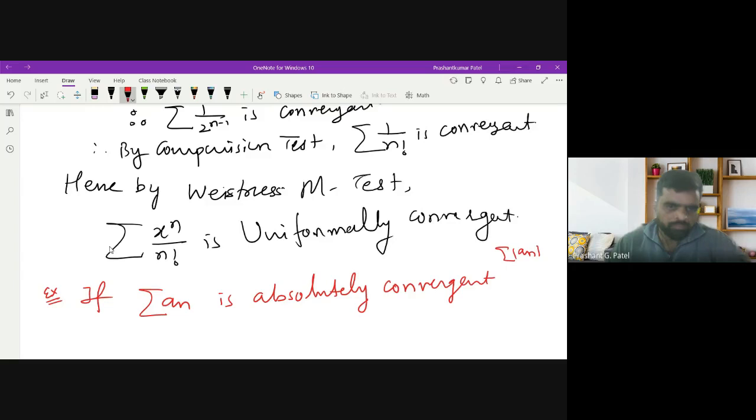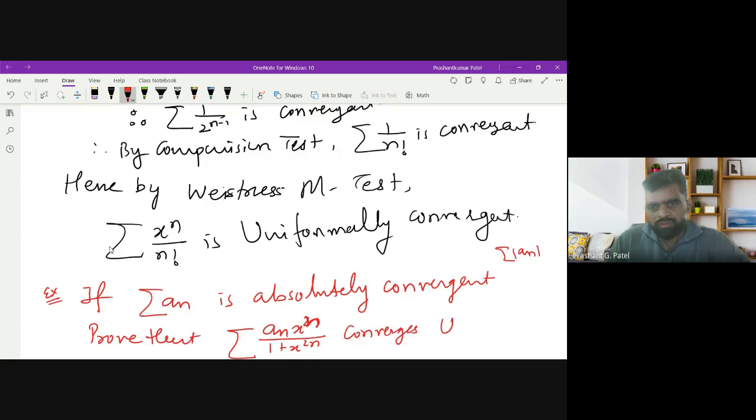Then prove that summation of an x power n upon 1 plus x power 2n converges uniformly for every x belongs to R.